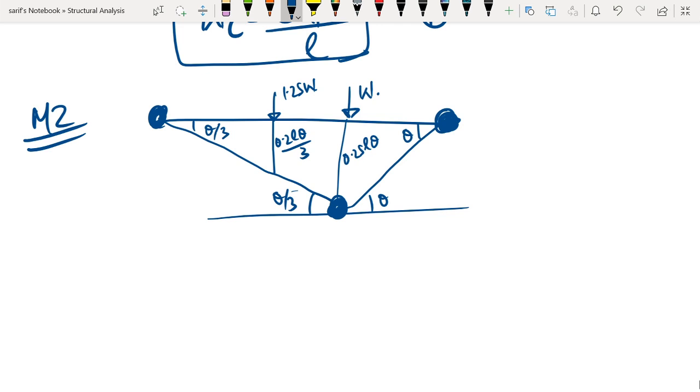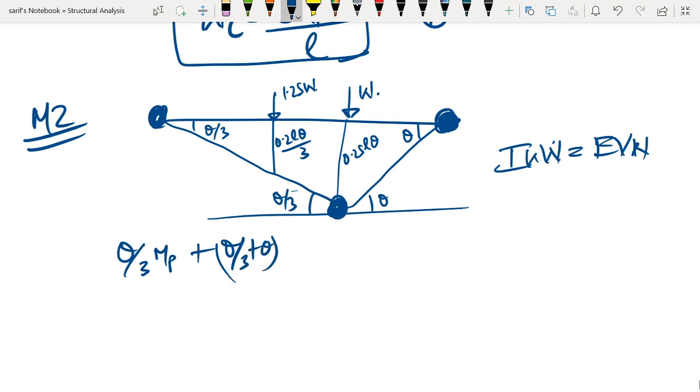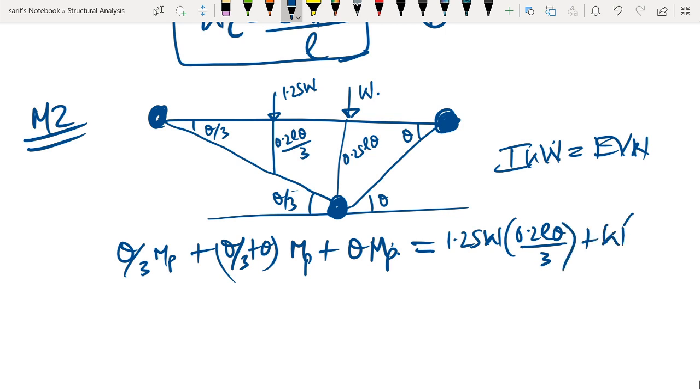Now what we have to do is apply the virtual work equation, that is internal virtual work done is equal to external virtual work done. If we equate them, the internal virtual work done is theta divided by 3 into MP plus theta by 3 plus theta into MP plus theta into MP. So that is the virtual work done by each of the plastic hinges. This is equal to 1.25 W into 0.2 L theta divided by 3 plus W into 0.25 L theta.